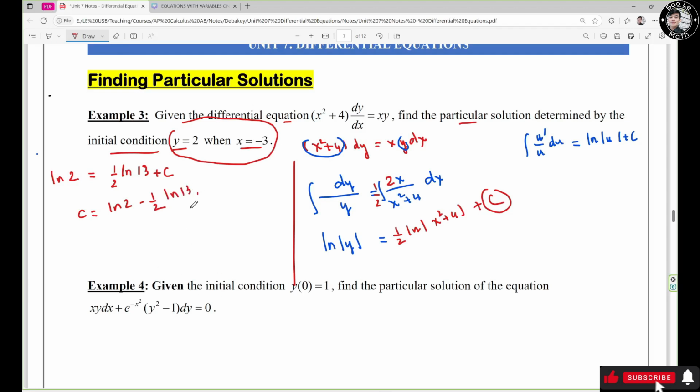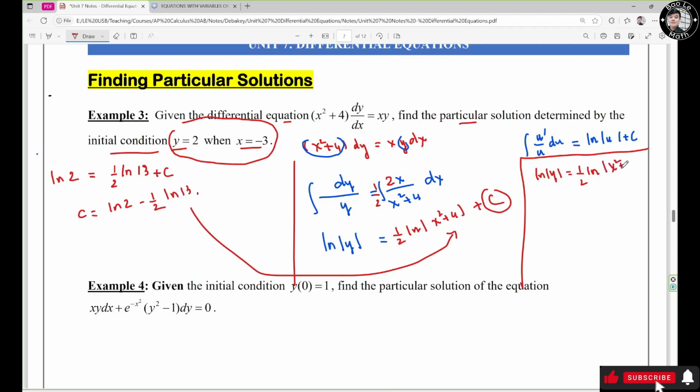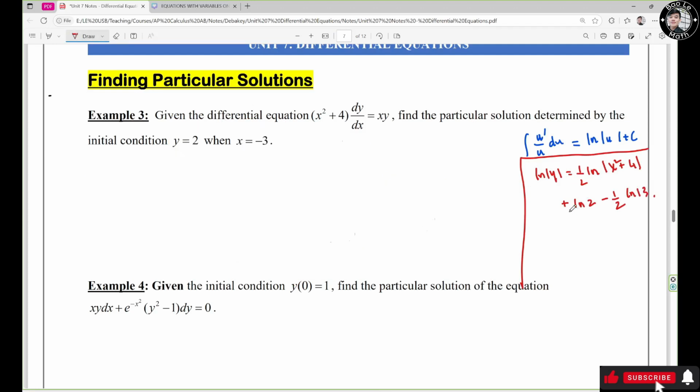So then I substitute this guy back over here. So the final solution should be natural log of absolute value of y equals 1/2 natural log of absolute value of s squared plus 4 plus natural log of 2 minus 1/2 natural log of 13, right? Now we need to simplify this one to solve for y.